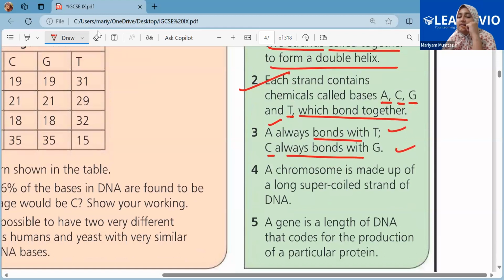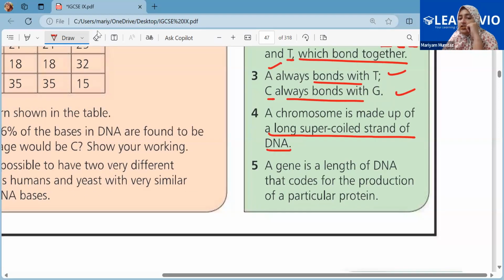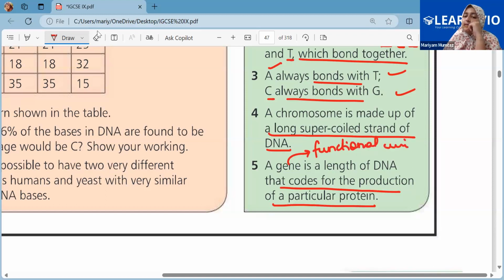A chromosome is made up of a long supercoiled strand of DNA. The gene is the length of the DNA that codes for the production of a particular protein, and you can call the gene the functional unit of DNA. It is the functional unit of DNA.